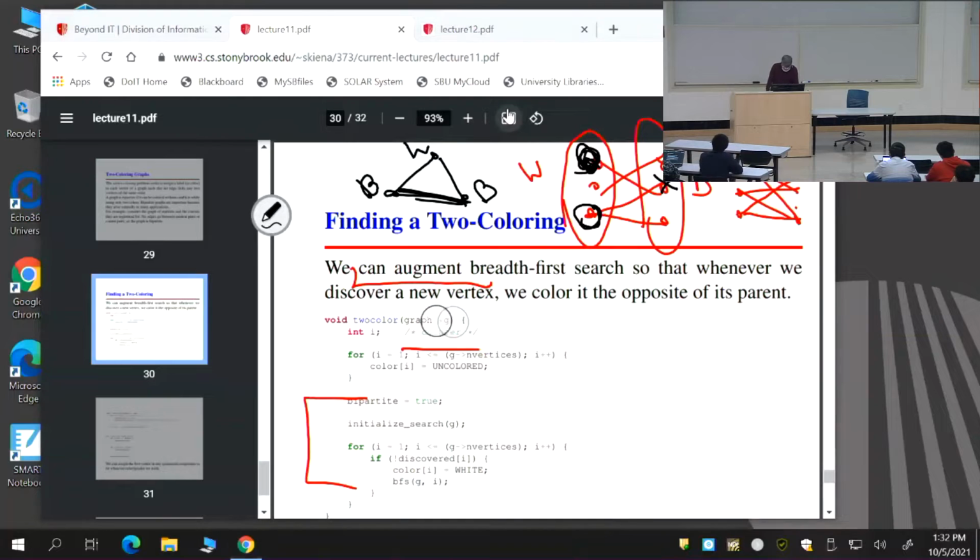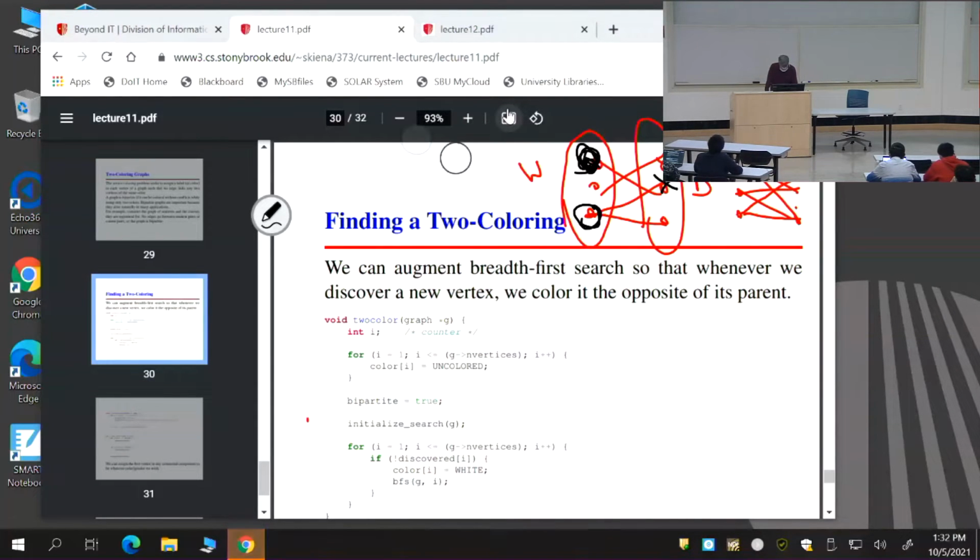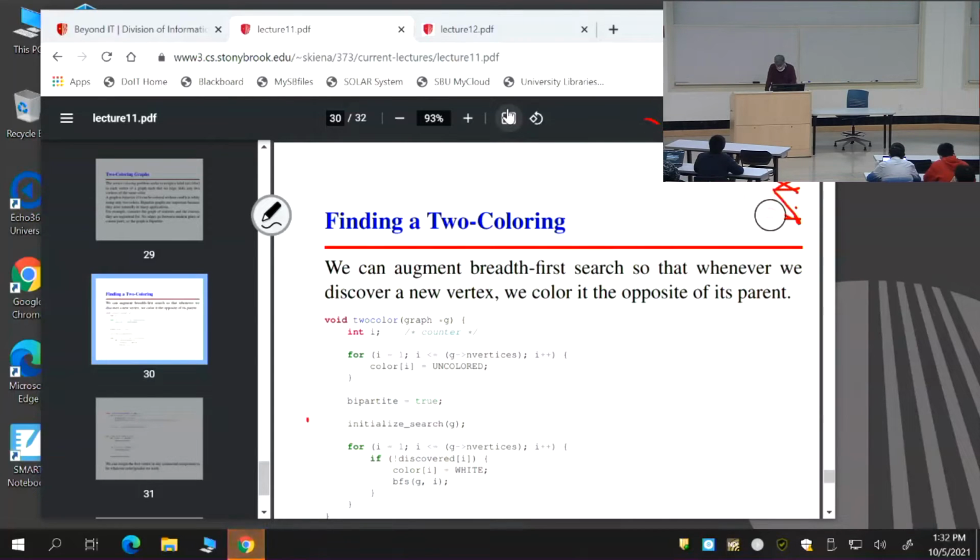So let's take a look at this as an application of depth-first search, breadth-first search. How does it work? How do we two-color a graph? Well, we start out by declaring every vertex is uncolored. We're going to assume there's a way to two-color the graph until we get a contradiction.